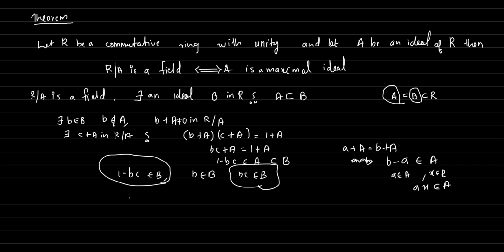By the property of a subring, 1 minus bc plus bc will belong to B. And what is 1 minus bc plus bc? It is 1. So 1 belongs to B.